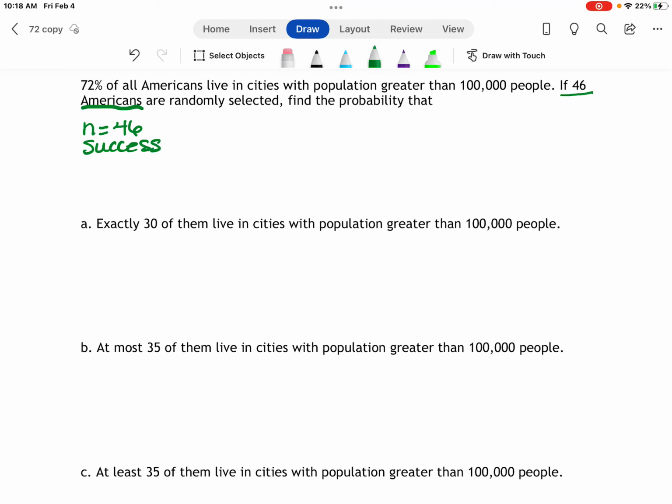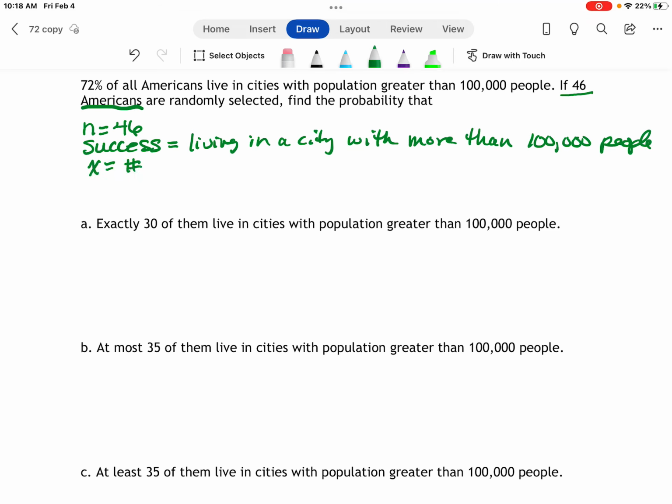So we're going to define that a success is living in a city with more than 100,000 people. So X is going to be the number of successes.